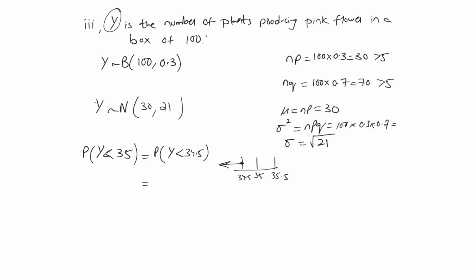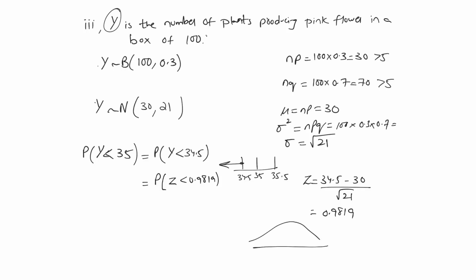Now for the probability of Y less than 34.5, you need to find the z value corresponding to 34.5. You calculate it as 34.5 minus mu, which is 30, over sigma, which is root 21. So you get 0.9819, so this is the same as saying Z less than 0.9819. It's always better to draw a rough sketch.